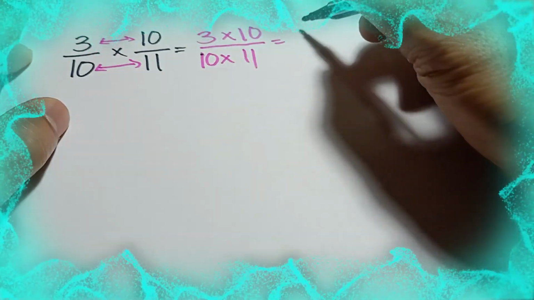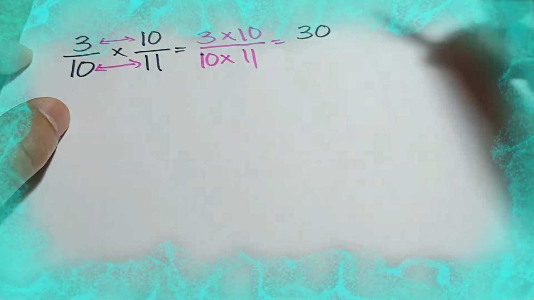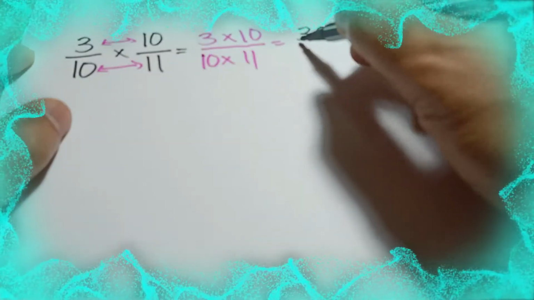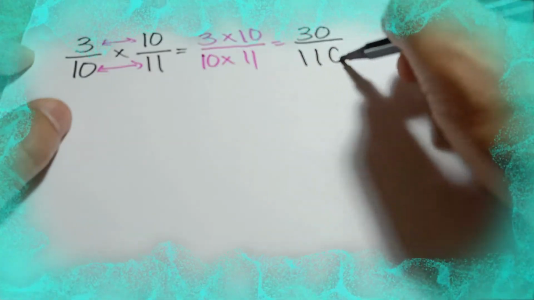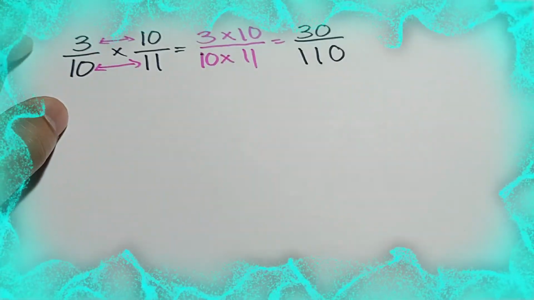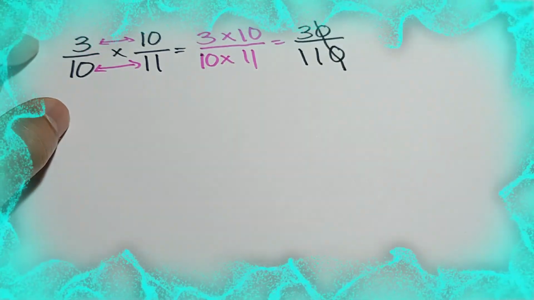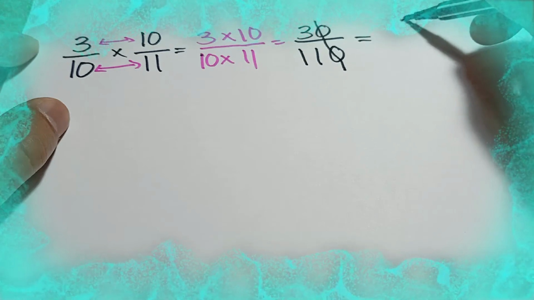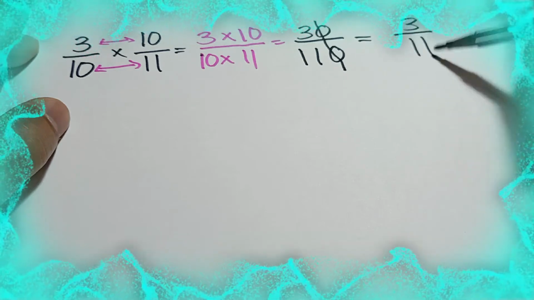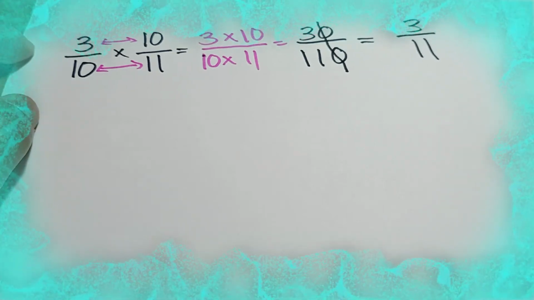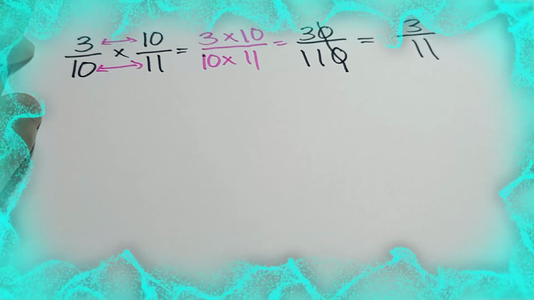What is 3 times 10? 3 times 10 is 30, and 10 times 11 is 110. So we can just simply cut the 0 here, so the final answer is 3 over 11. That is our first method.